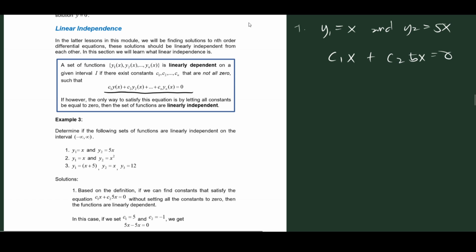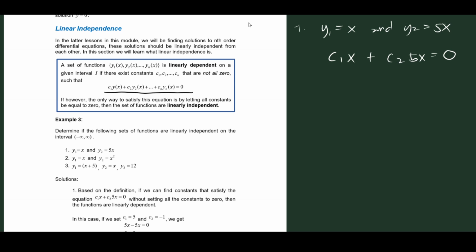Okay, so now the question is, can we find constants c1 and c2 such that this equation is satisfied? Okay, the left hand side will be equal to 0 without setting c1 and c2 to 0.